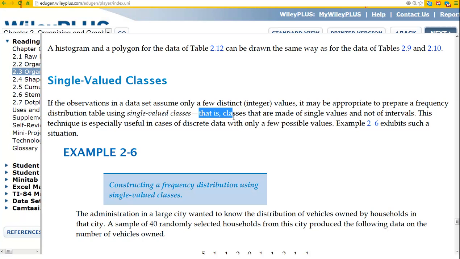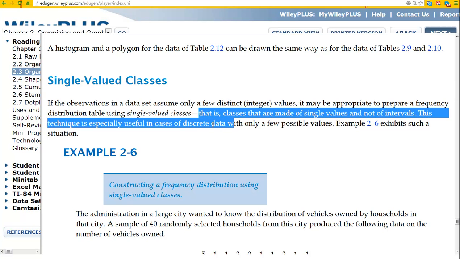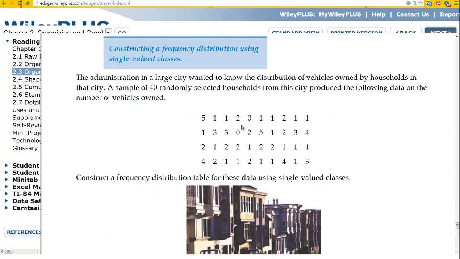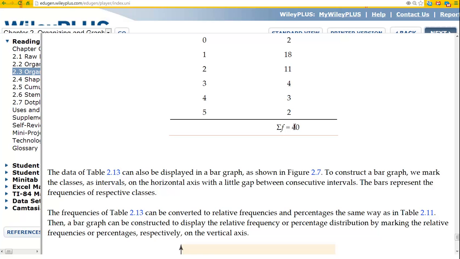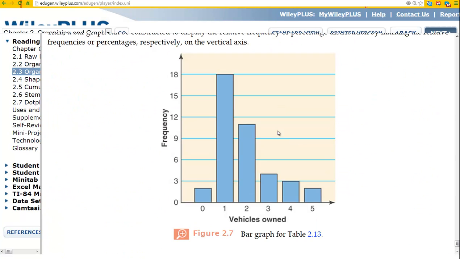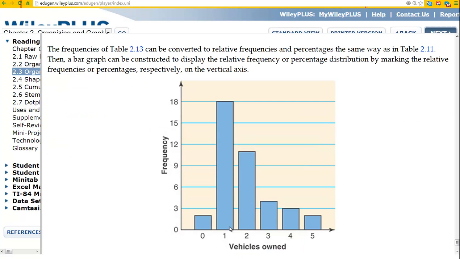That is, the classes are made of single values and not of intervals. This technique is especially useful in cases of discrete data. Discrete means, I think we talked about that word, not continuous, with only a few possible values. This example is an example of that, as we saw. And they do that with the frequencies here.